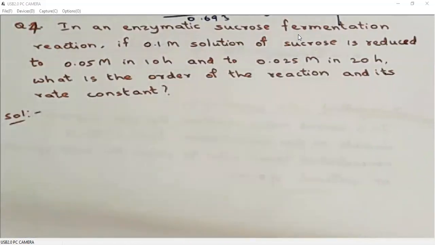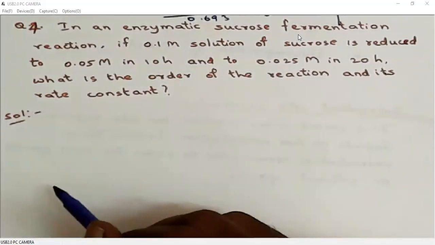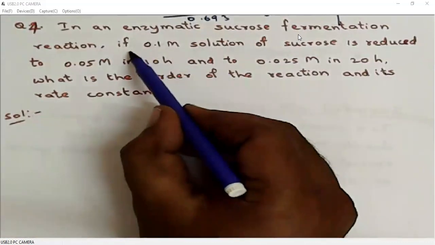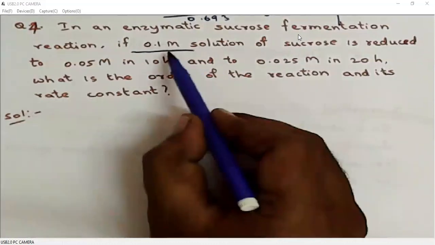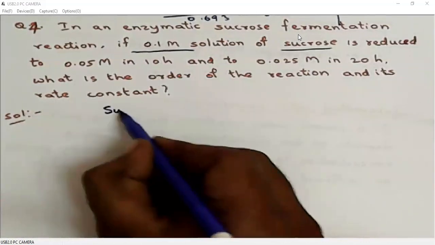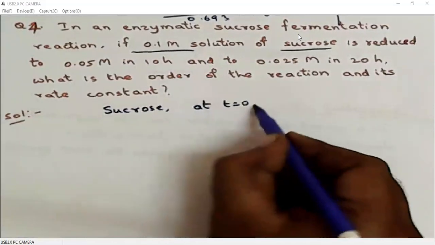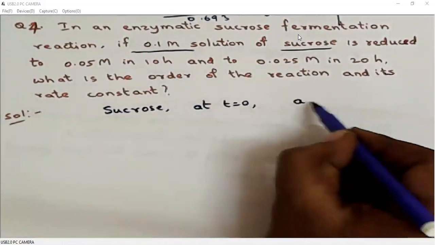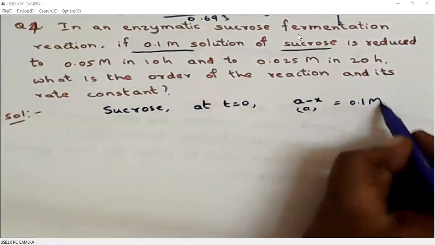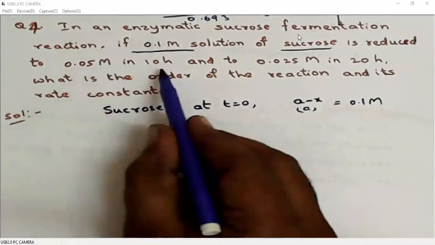Now we will determine the order of the reaction. Here, what has been given is that initially the reaction was started with 0.1 molar solution of sucrose. At time 0, A minus X is nothing but A, it is 0.1 molar, and it is reduced to 0.05 molar in 10 hours.